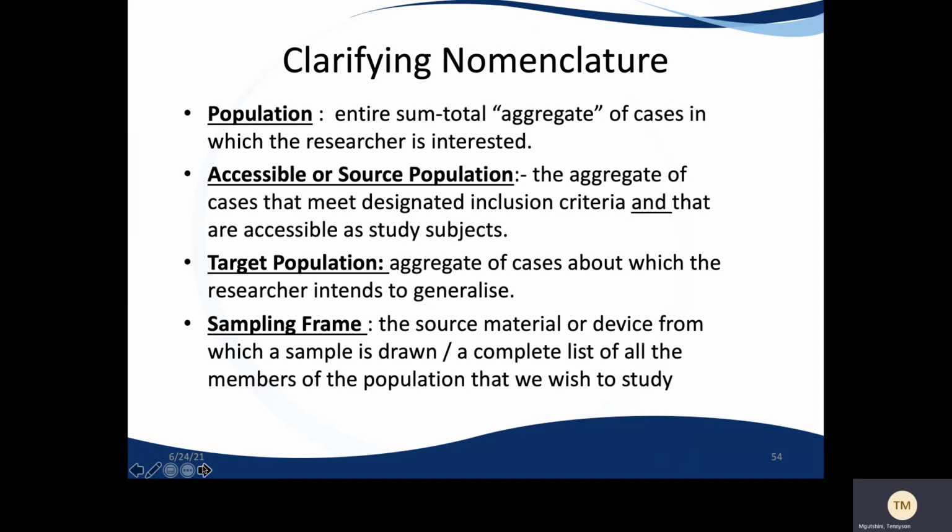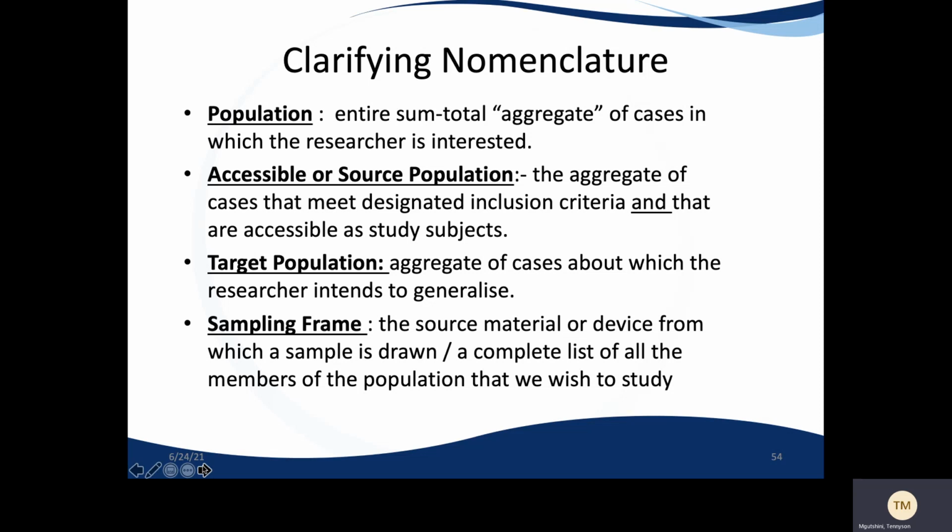So I may say I'm carrying out a study on all the males at University X. If there are some males who are registered in that university, but due to resource limitations, due to their remoteness, they are not available, then they become inaccessible.